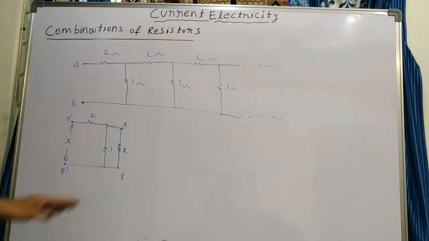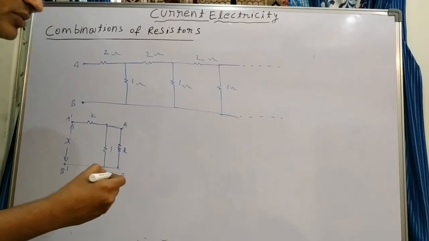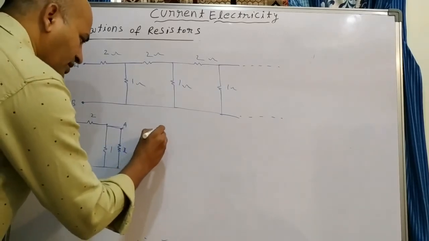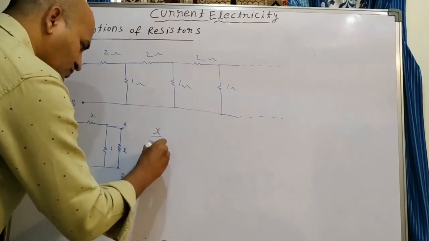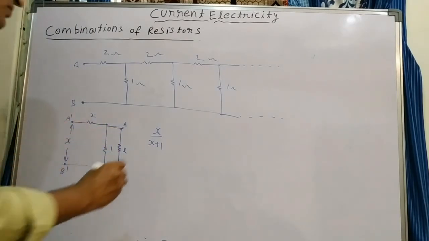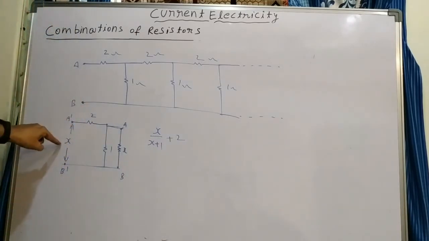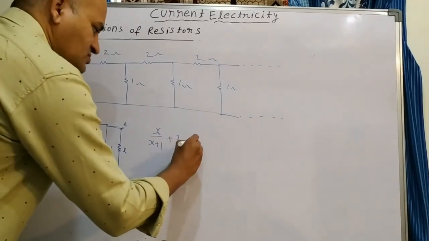Now how to solve? These 2 are parallel. So 2 parallel means what you can write? R1 R2 by R1 plus R2. X into 1 by X plus 1. This total is in series with this, that is 2. In series with 2, that total again is equal to X. Right?